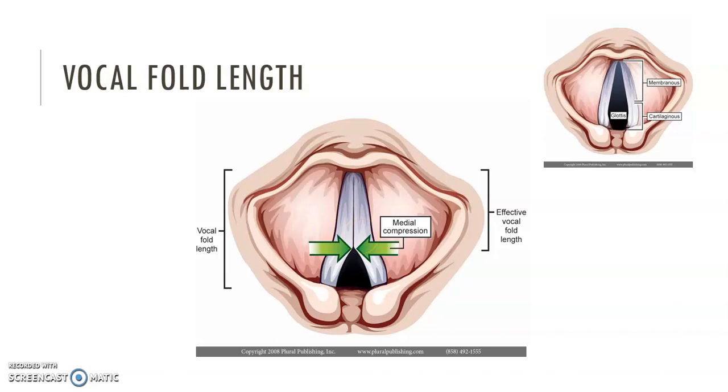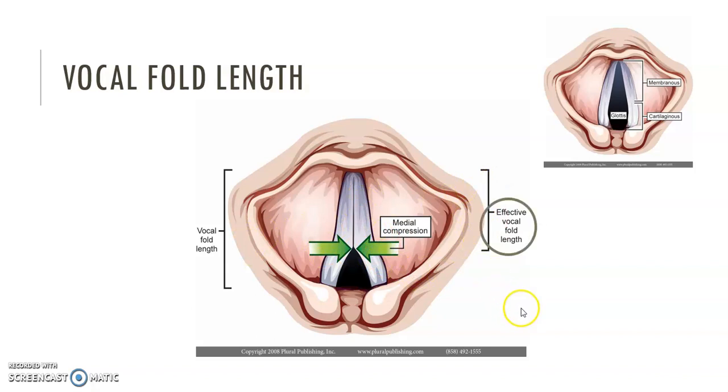What I wanted you to notice with this other illustration in the corner is that the part that's vibrating is usually the membranous part. As you recall, the cartilaginous part of the vocal folds is in the posterior, closest to the arytenoids. And so if we're talking about effective vibrating vocal fold length, this is really the part here that we're referring to.